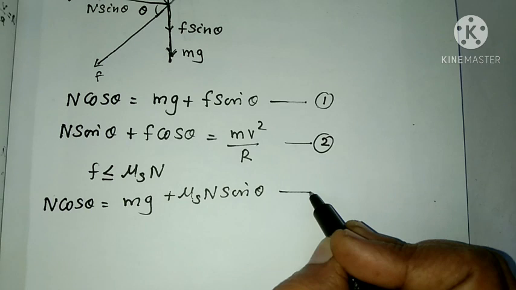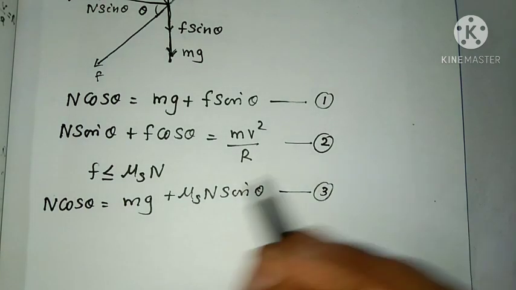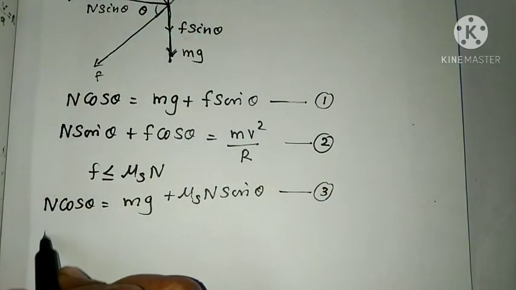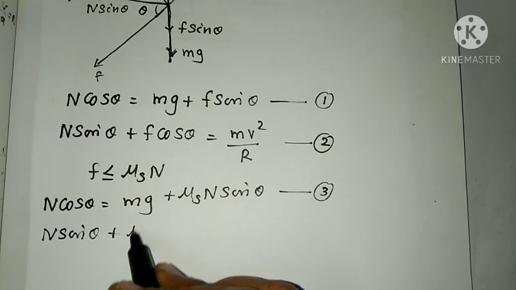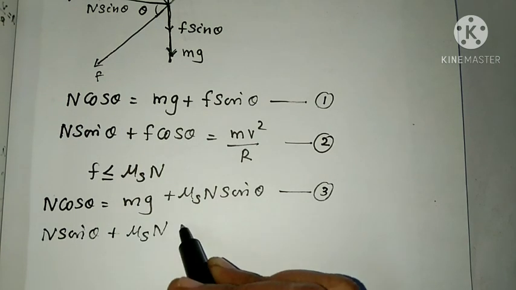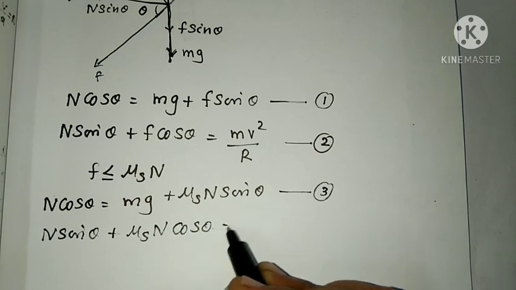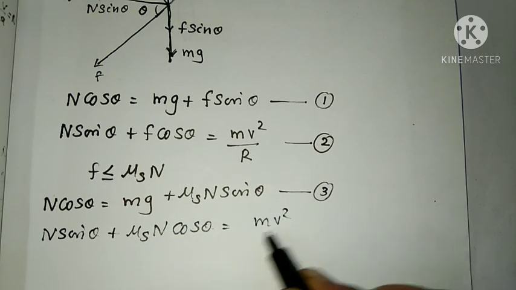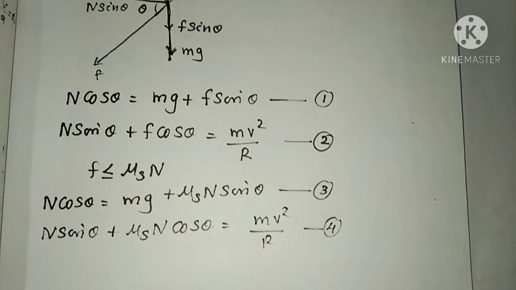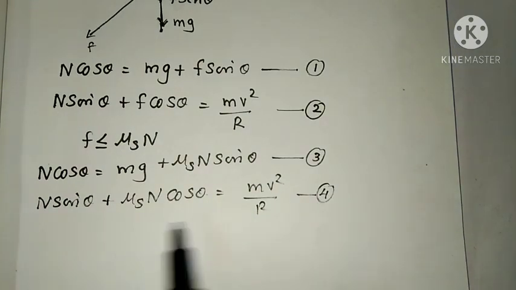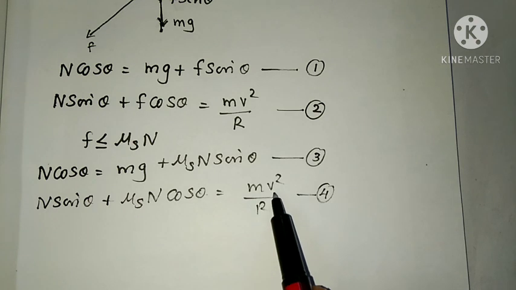That is equation number 3. Similarly, the second equation becomes N sin theta plus mu s N cos theta equal to mv square by r. That is equation number 4. Then from these equations we want to find the maximum speed of the car on the banked road, that is v.